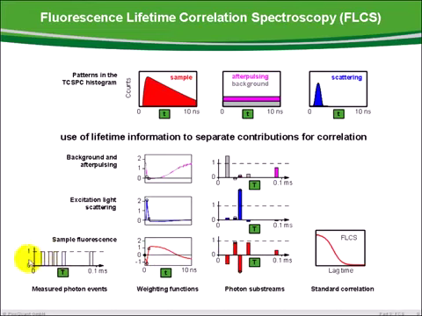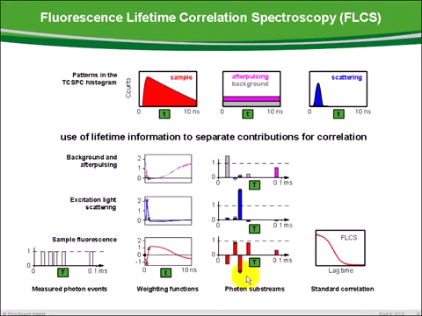The second photon arrives at a time when the fluorescence has a high count in the TCSPC histogram. It therefore gets a high weight of 1. The third photon arrives very late, at around 10 nanoseconds. It is most certainly an afterpulsing or background event and gets a negative weight.